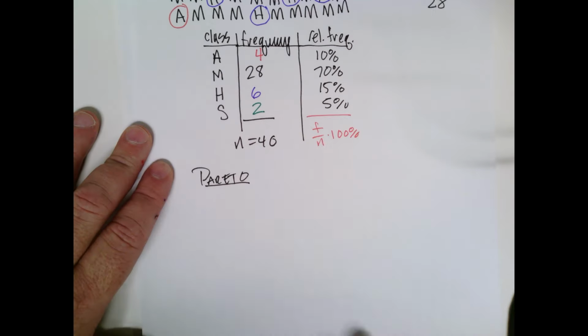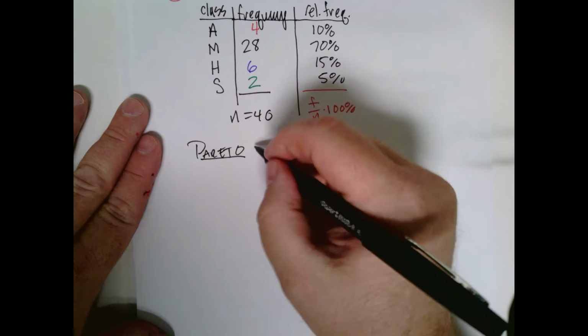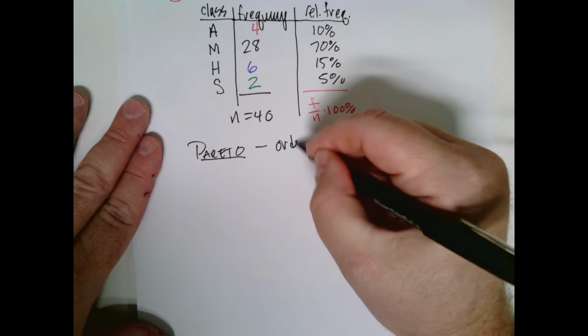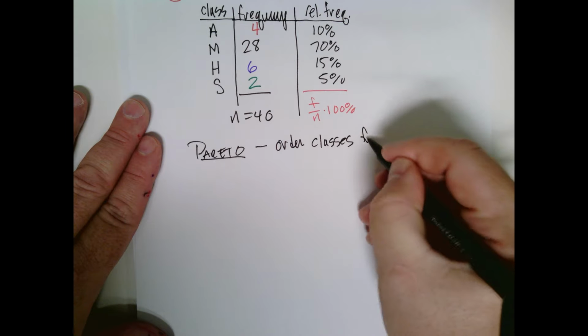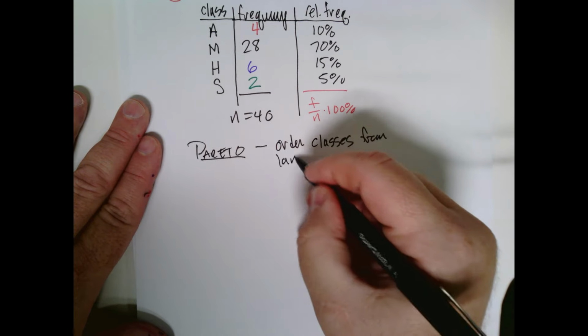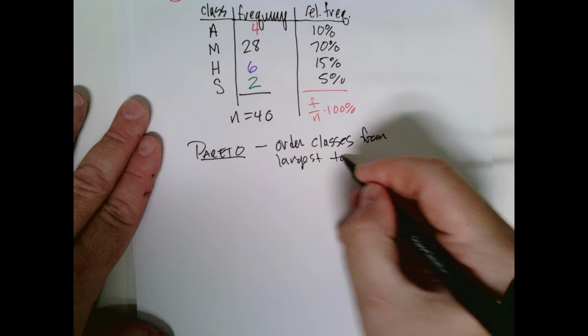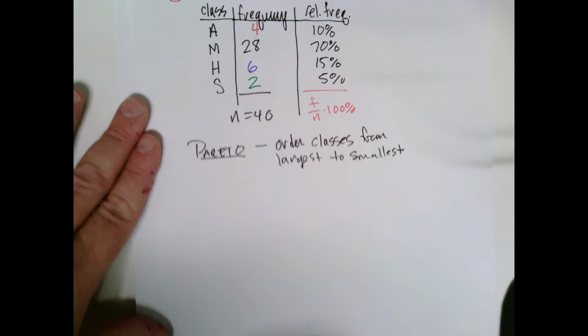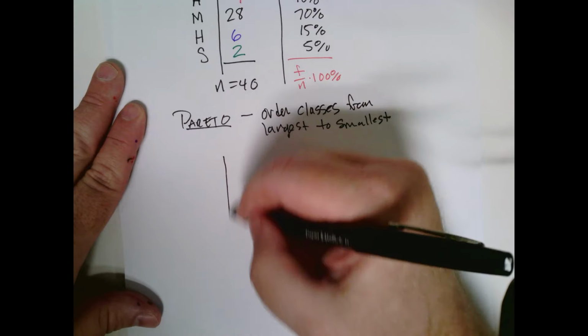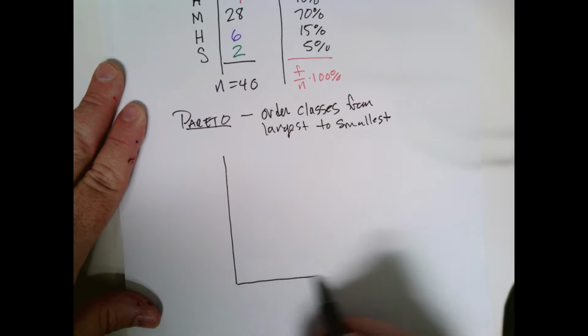And this is a bar chart, but we impose a condition on it that we order the classes from largest to smallest, like this, right? Okay, so rather than do it on graph paper, I'll just do it here.